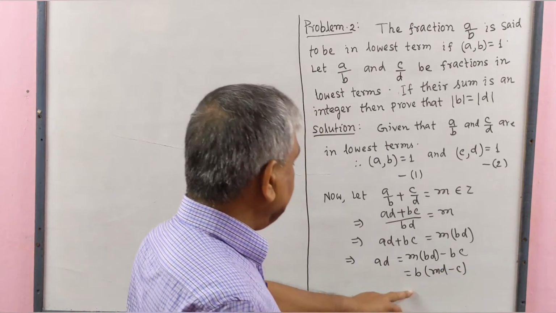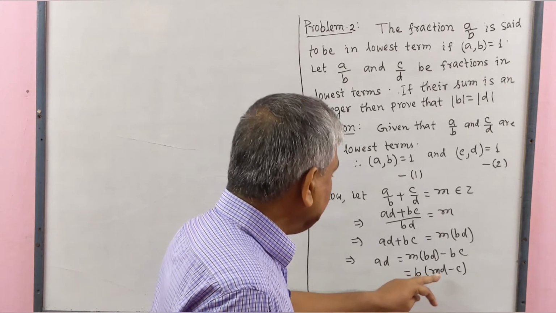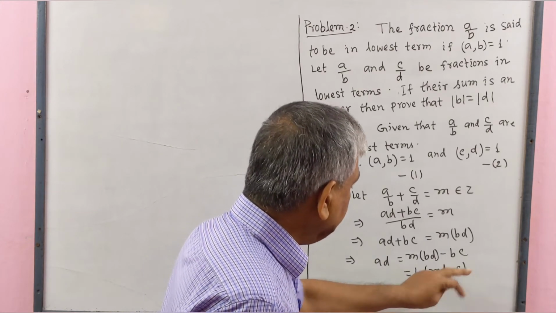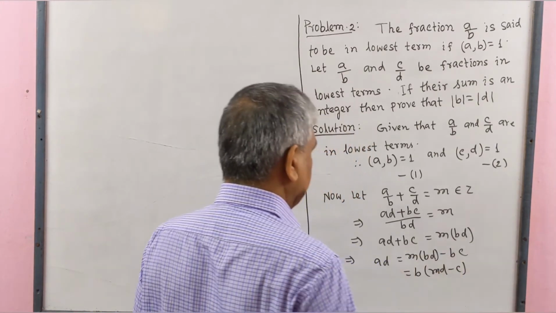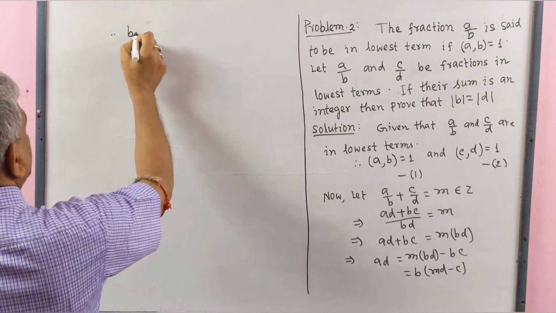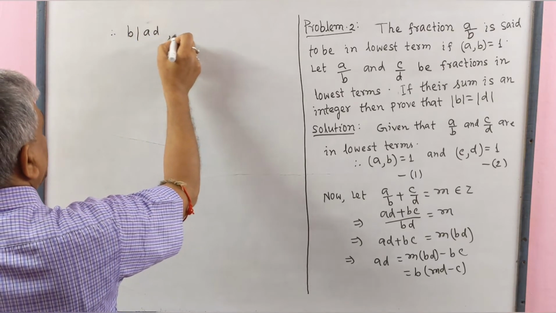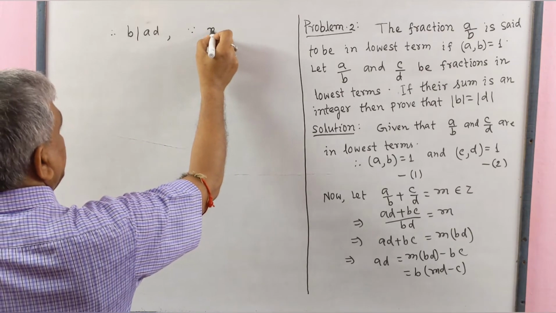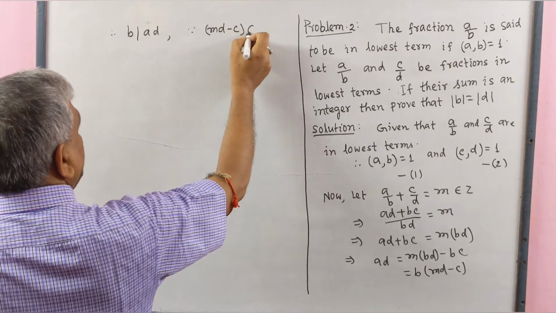Here we see that ad equal to b multiply md minus c. md minus c is an integer. Therefore, b divides ad.